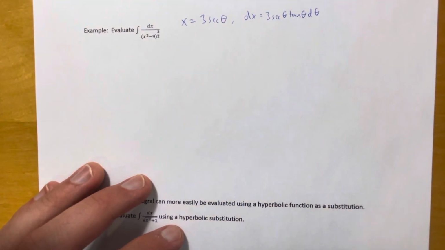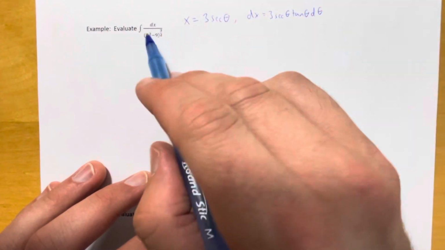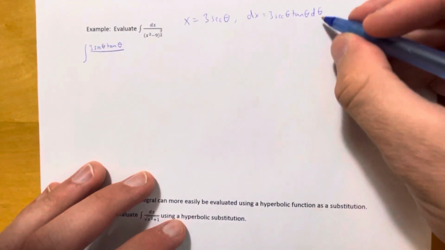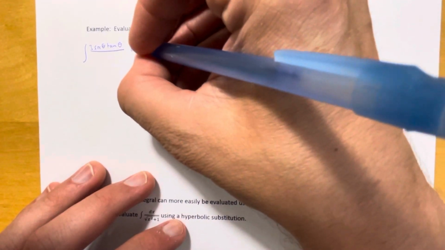Now I can go ahead and make all of my substitutions. So rewriting this integral using these substitutions, the dx is going to become this, 3 secant theta tangent theta. I'm going to put this d theta all the way out here.